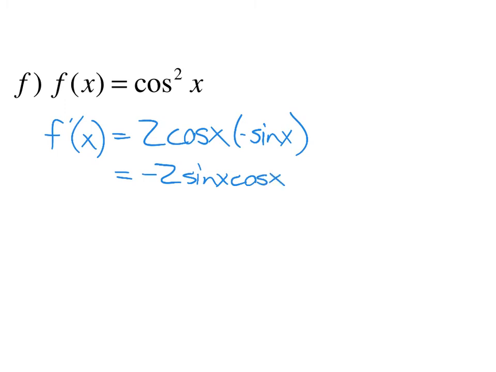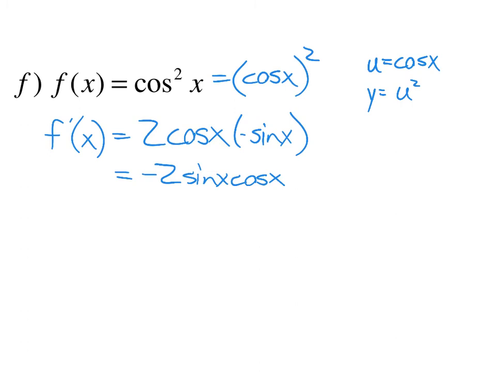If you really wanted to get fancy, you could make it a negative sine of 2x with your double angle formula. But you don't have to. That's our chain rule. So if I rewrite it like this, remember our whole u process? U would be the cosine of x. Y, rewritten in terms of u, would be u squared.